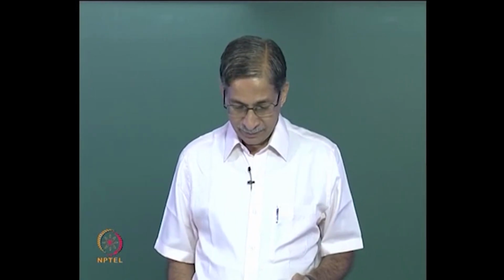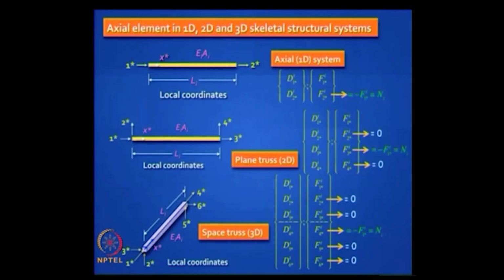Finally we deal with the space truss element, okay. Here again you can prove that the shear components are all 0 and the axial force at the two extreme ends are equal and opposite, and that force is a single unknown. This is why the reduced element stiffness method is so easy to apply, because you do not deal with so many different quantities.